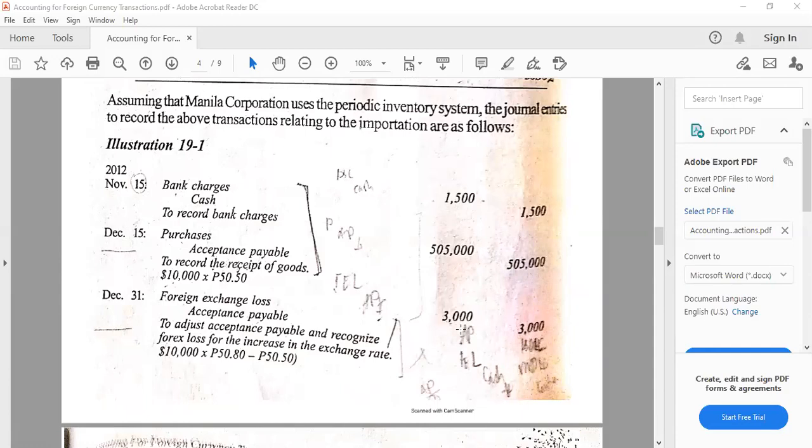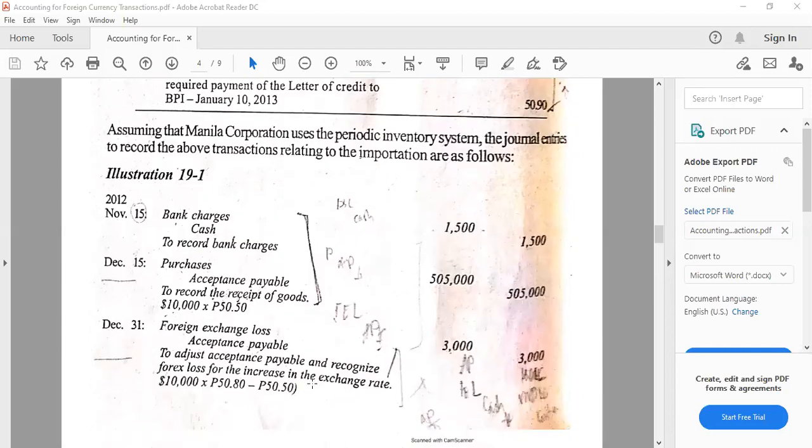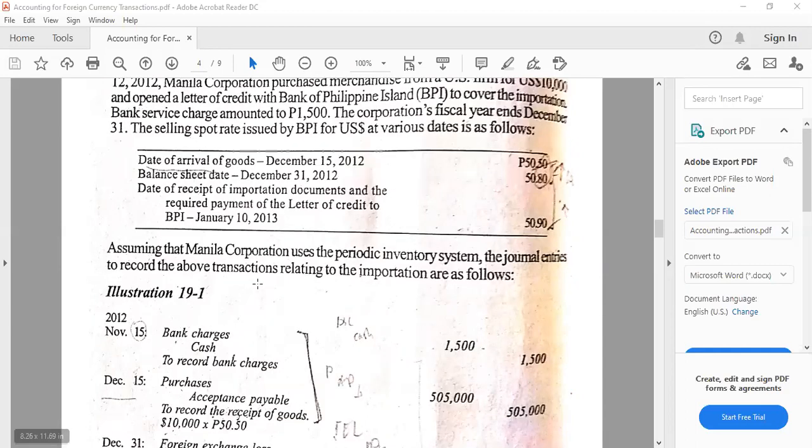There is a loss because this means that when the rate becomes higher, then there is an additional liability on the part of the company. So there is additional payable. And because there is additional payable, the company loses in the process. And then later on, the company will pay more. So there's really a loss. By December 31, it increased further by 0.1.